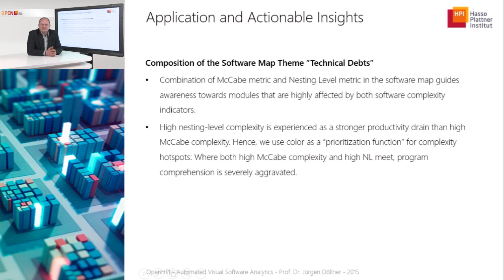High nesting level complexity is experienced as a stronger productivity drain than compared to McCabe complexity, and for that reason we use color as a kind of prioritization function for complexity hotspots. This is why we map nesting level onto the color visual variable. Where both high McCabe complexity and high nesting level measures meet, program comprehension is severely aggravated, and hence it is most likely that those modules contain a lot of technical debts.